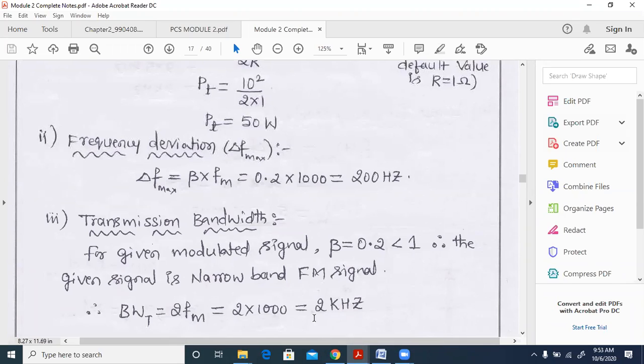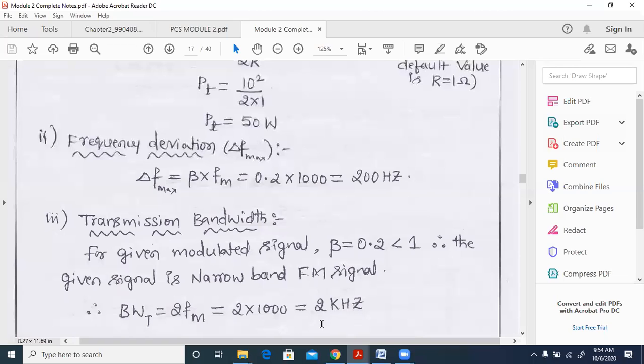So the exact value if you want will be 2 FM plus 2 del F max, that is 2000 plus 2 into 200, that will be 2.4 kilohertz.